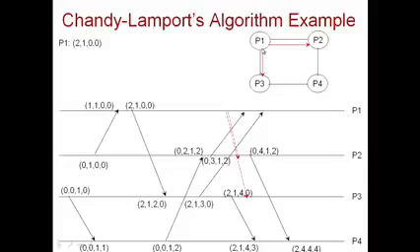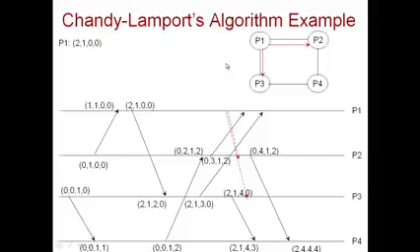Okay, so P1 records the current timestamp, which is 2100, and at this time it has not received anything else, so it sends out the marker on its two outgoing channels, which is to P2 and P3.